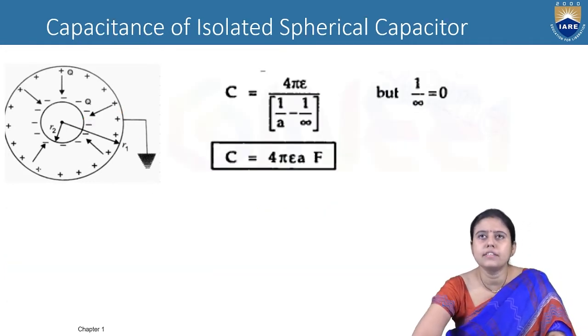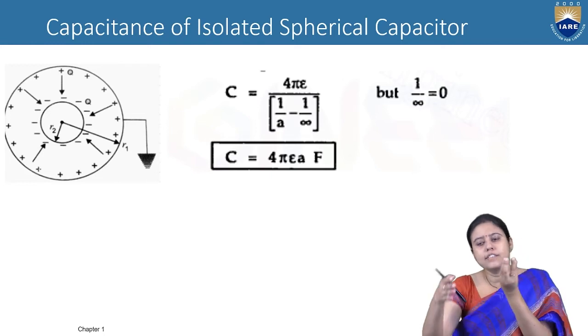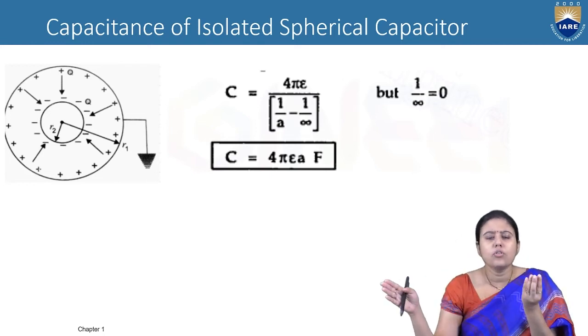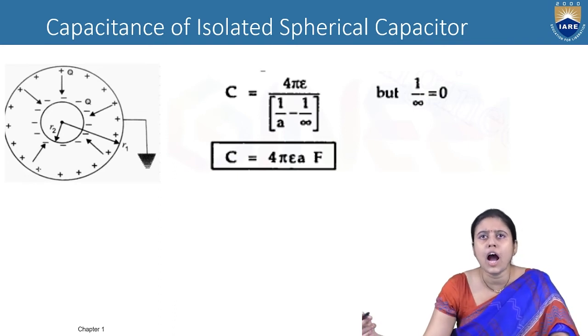Now, the capacitance of an isolated sphere. What is the meaning of an isolated sphere? Take the example of the universe: a ball is kept in the universe. What is the upper limit of the external sphere? There is no upper limit.